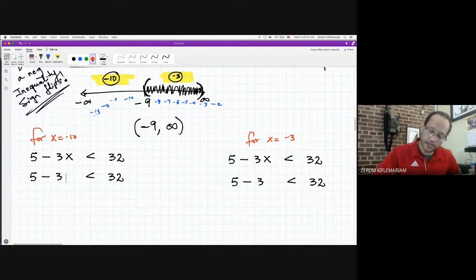Okay, so we are claiming for this to be -10, for this to be -3. So once I'm plugging in, I'm just going to put my question mark because I'm trying to see if that statement is true.